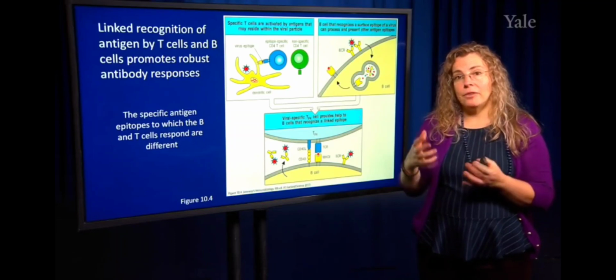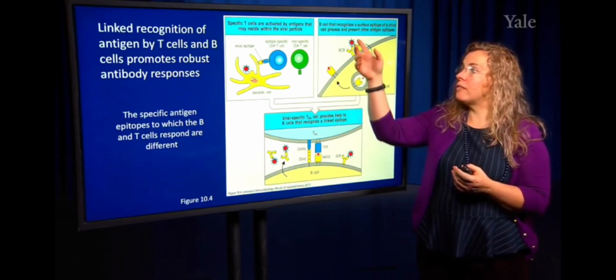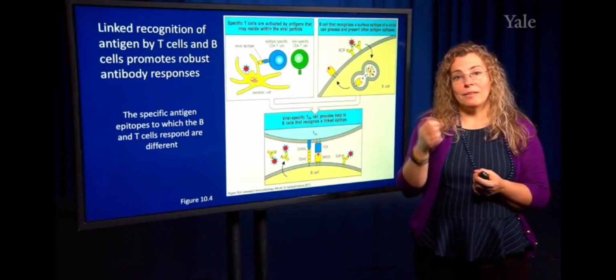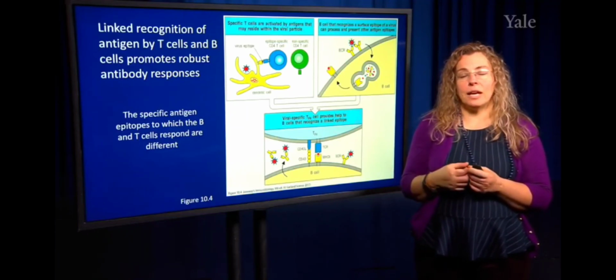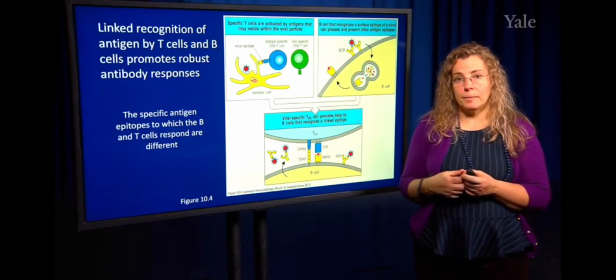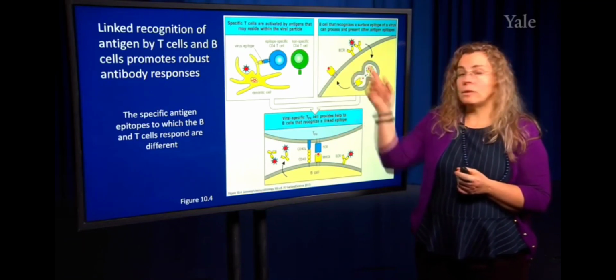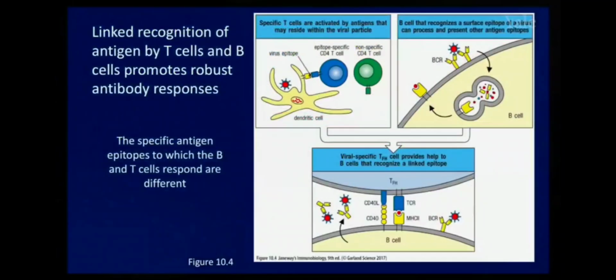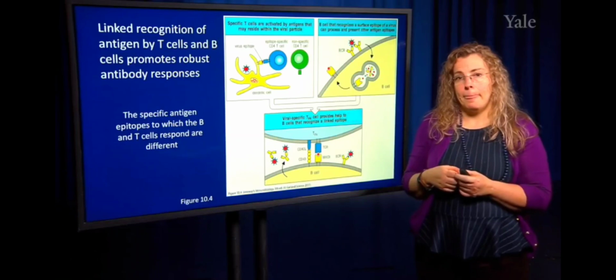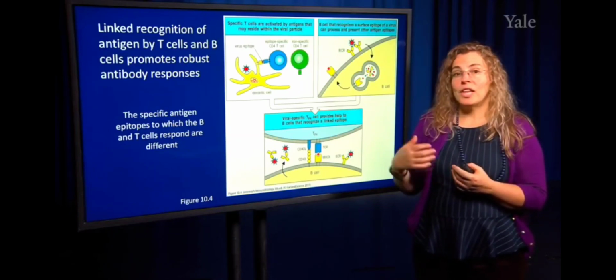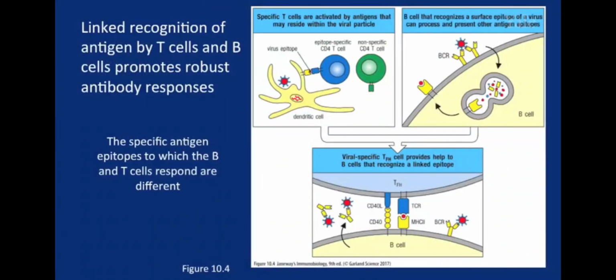For instance, here you have a whole viral particle, and the B cell receptor is binding to an antigen on the surface of the virus. But remember, that will induce the B cell to engulf that virus, and once inside, it will chew it up into pieces, and it can present many different potential pieces on MHC to a T cell. Also keep in mind, though, that the T cell may see antigen presented by other antigen-presenting cells, such as a dendritic cell.